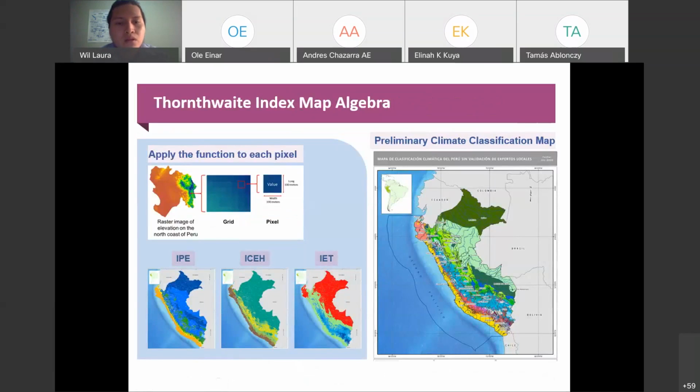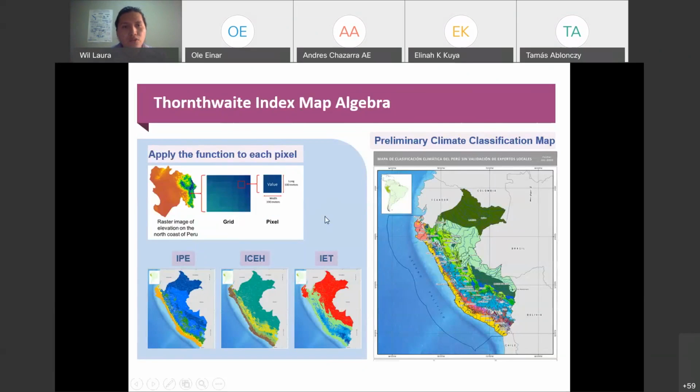So once we calculate this function and the parameters, we apply this function to each pixel of the raster image of the satellite information. This was calculated for each index, as you can see in the map.